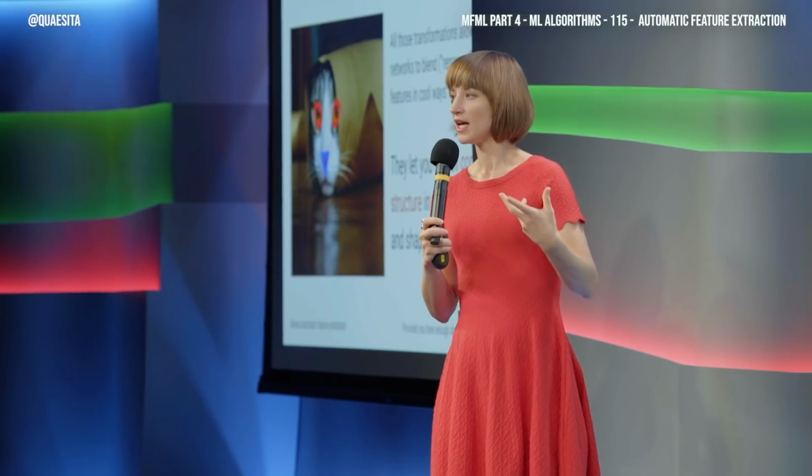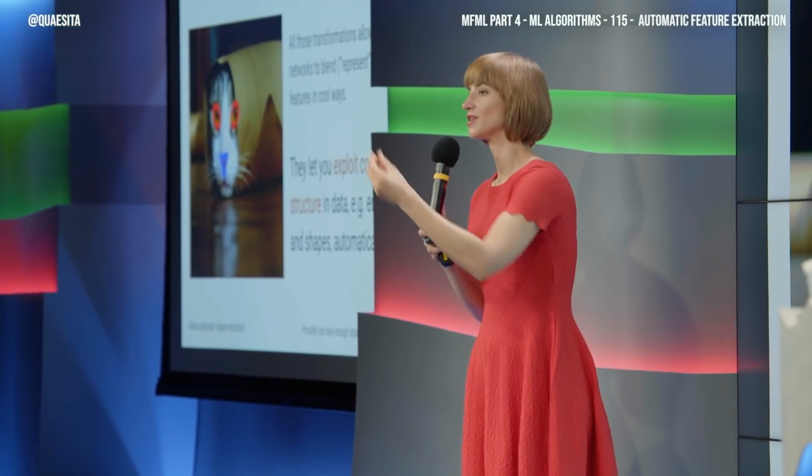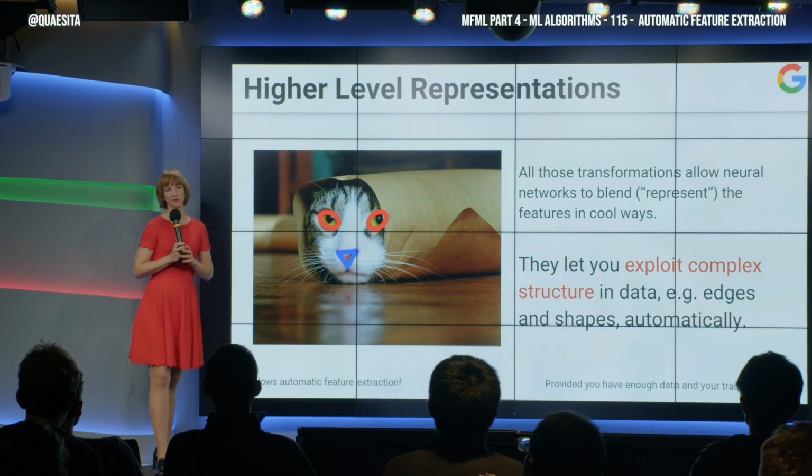Instead, you could feed in a lot of data, and because this thing is so flexible and can do all these transformations itself, it will let you take advantage of those features without you having to explicitly go and find them yourself. This isn't free, though.